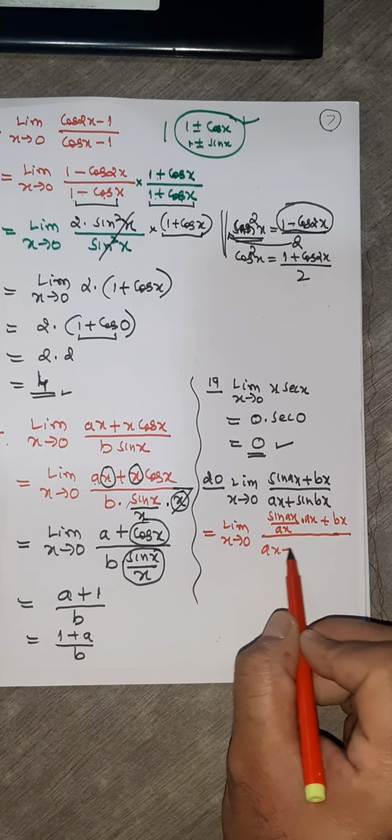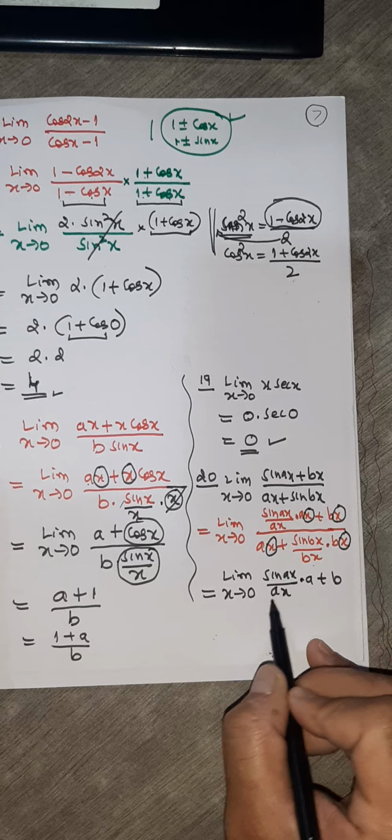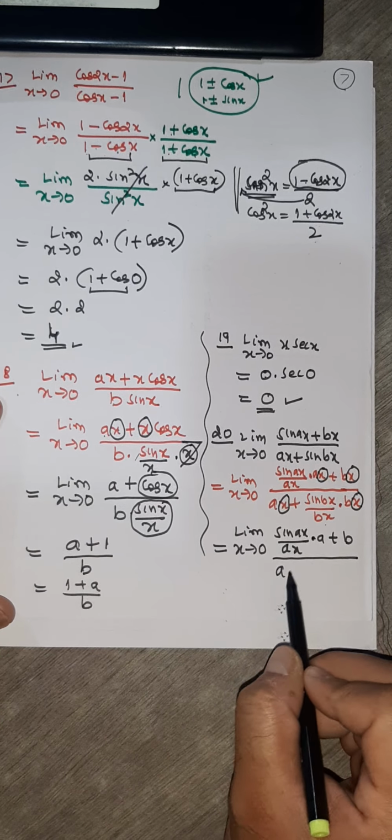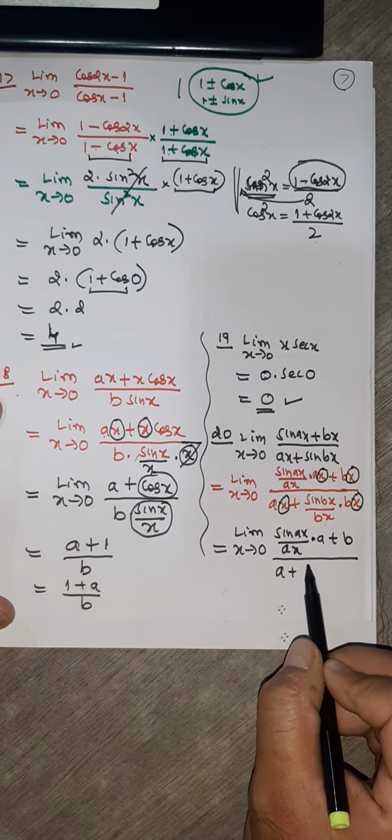Now once you apply the limit, this will be 1, remember. But here you can see I can find x common, and it will get cancelled. So I'll write one more step for you. Limit x tends to 0, you are left with sine ax upon ax into a plus b, upon a plus sine bx upon bx into b.